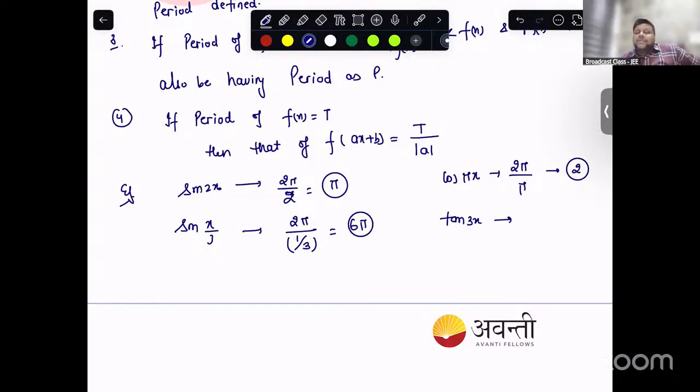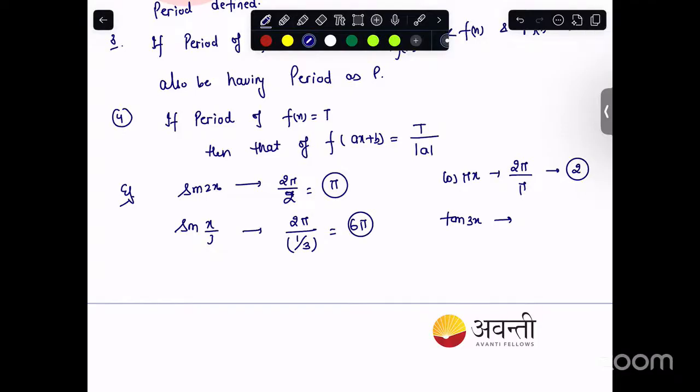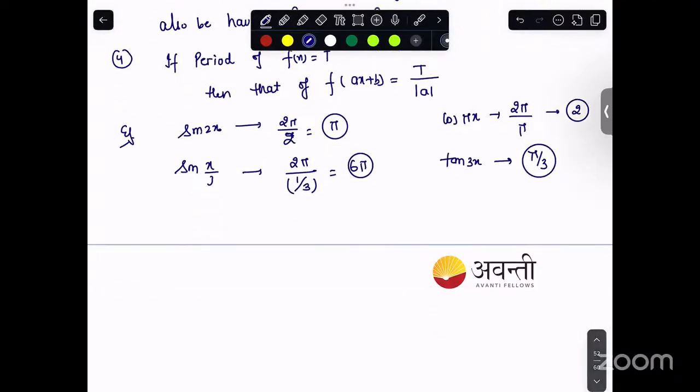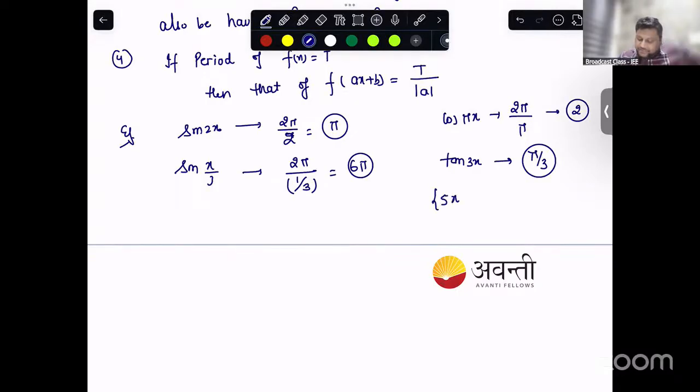Quickly tell me the period. Pi by 3. Fractional part of 5x. What will be the period?